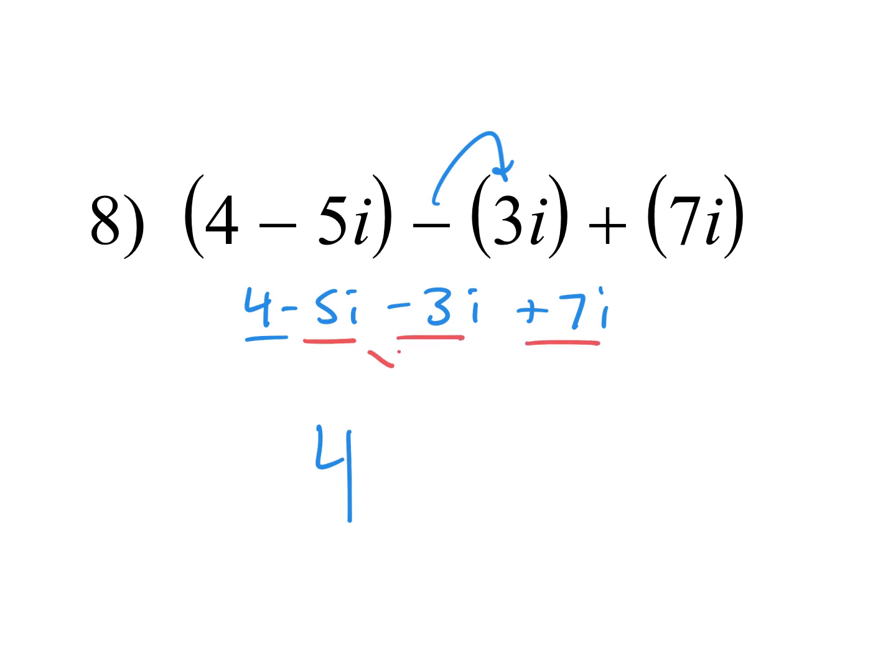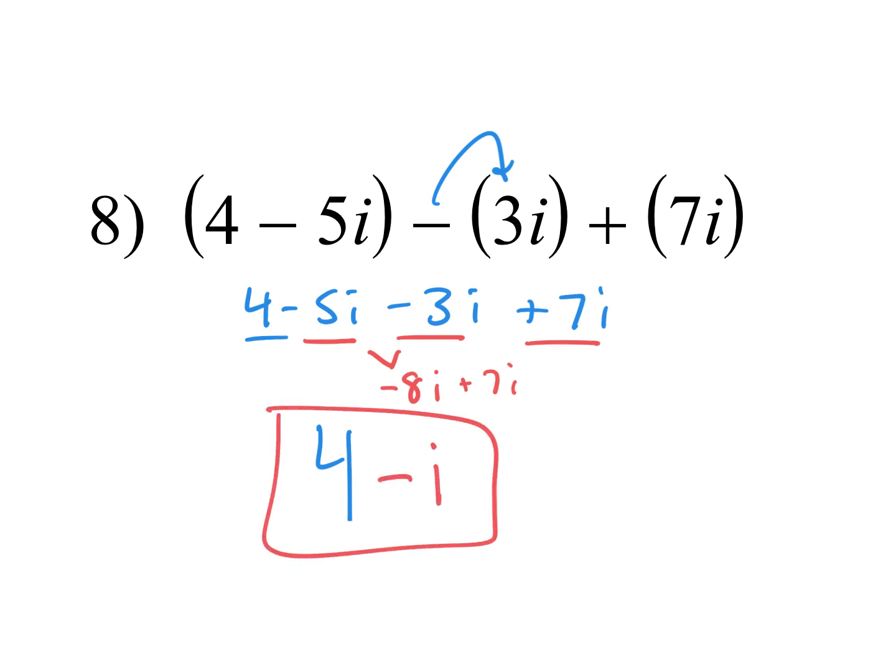Let's add negative 5i minus 3i first. Negative 8i, because they're both negative, so you add the numbers. And then negative 8i plus 7i is negative i. So it'll be 4 minus i. Any questions here?